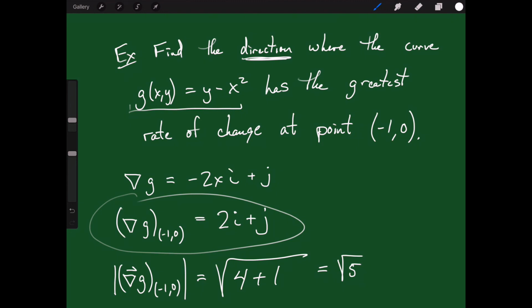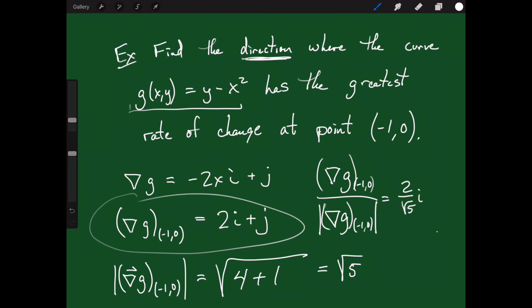So if I want this direction, I would just take that gradient of g evaluated at -1, 0, and divide it by the magnitude of the gradient of g evaluated at -1, 0, which would be 2 over the square root of 5 in the i direction plus 1 over the square root of 5 in the j direction.